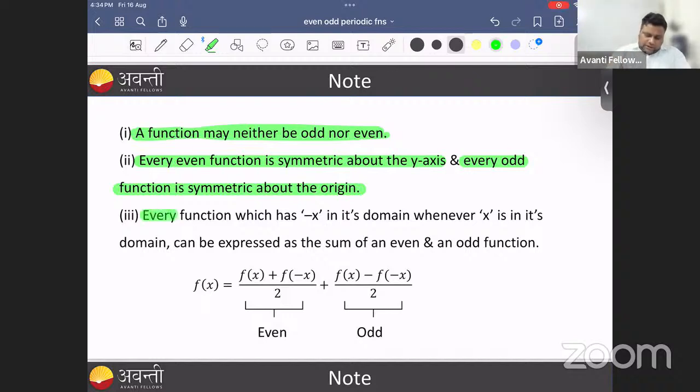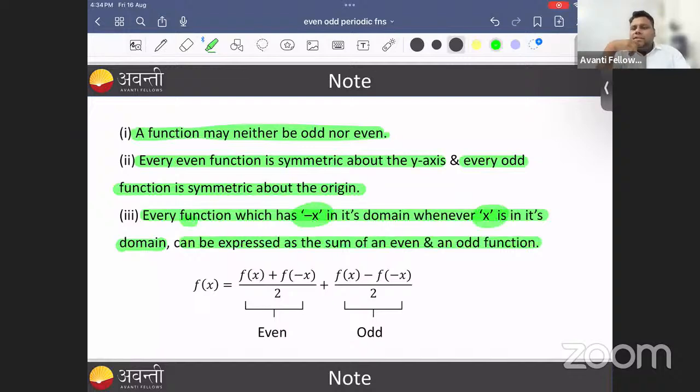Now, for a function to be even or odd, whenever x is in its domain, minus x should also be in its domain. Got it? So if in a function, x and minus x are both in the domain, any function can be expressed as the sum of an even and an odd function.